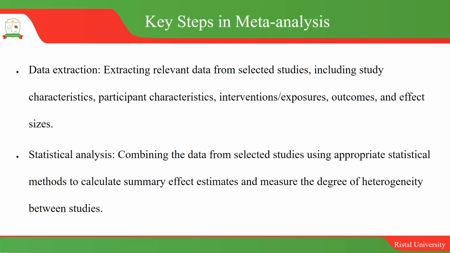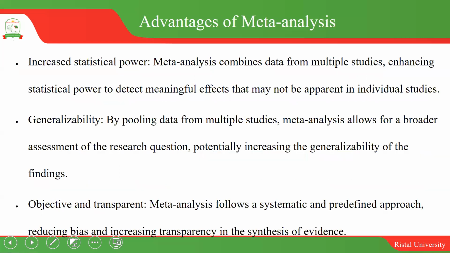How did they even conduct the data analysis? Okay, so that is data extraction. And then now you can analyze the data from the different studies using the appropriate statistical methods. Okay, and then now you can draw conclusions about what you have got.